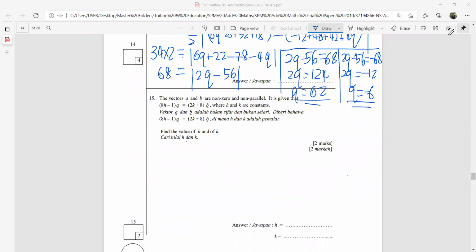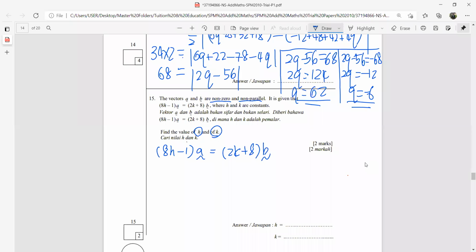Okay, question 15. I have to solve to find H and K. So the thing is, to solve H and K, vector A and B, they say non-zero, non-parallel. For this is to make sure that you have to know. If I say this, can I ask you this question?